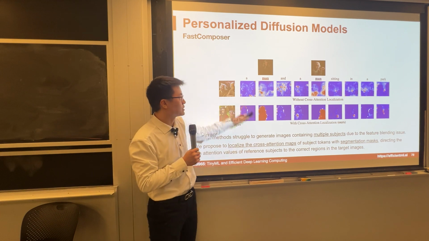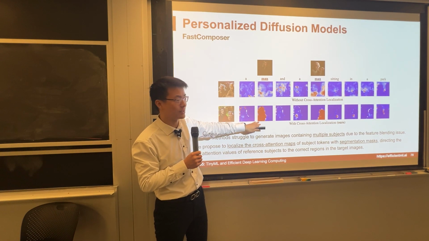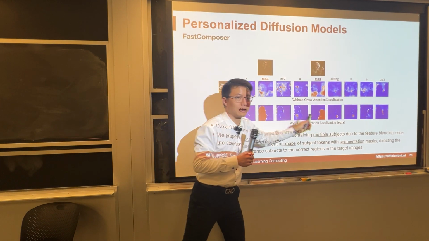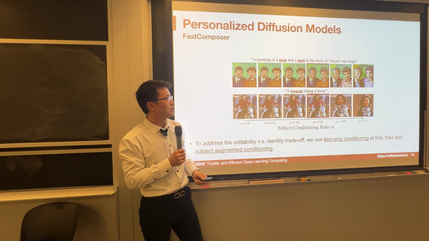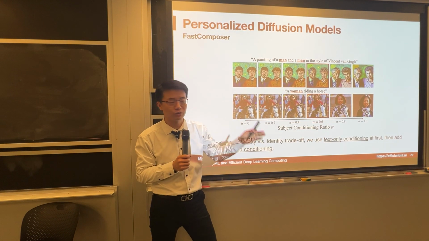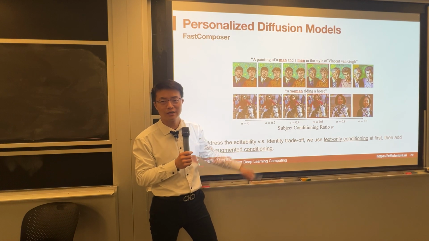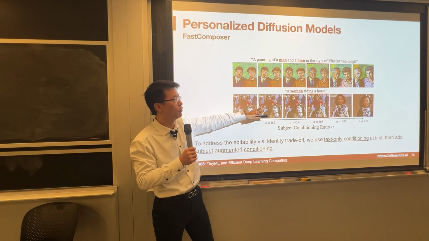So this is about the cross-attention map. We compare without the localization and with the localization, and want to make sure the man corresponds to the original image. And this is the trade-off of when we should inject the subject conditioning. In the beginning, we don't inject the subject conditioning, just make it general, make it indeed someone riding a horse.